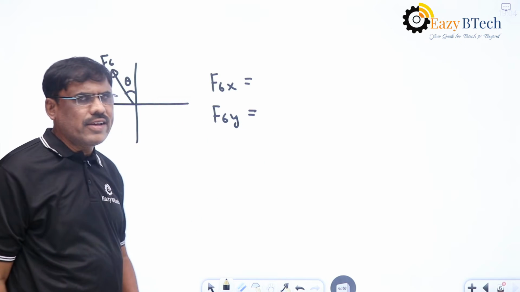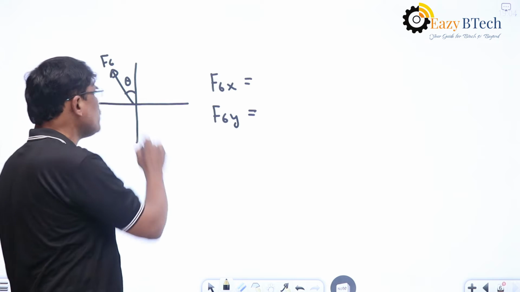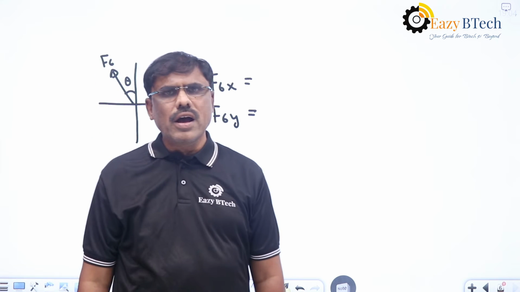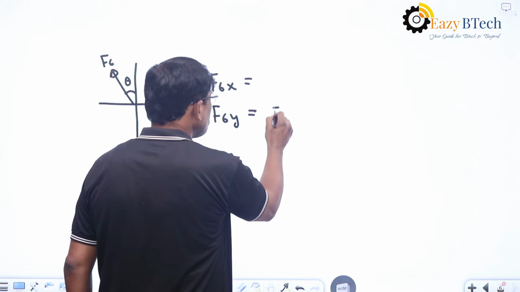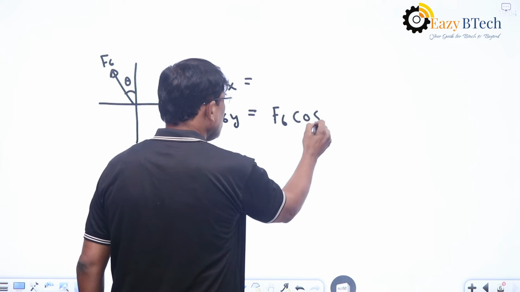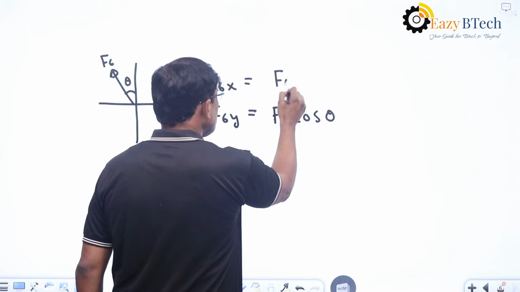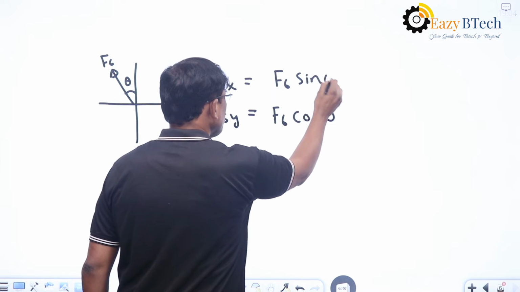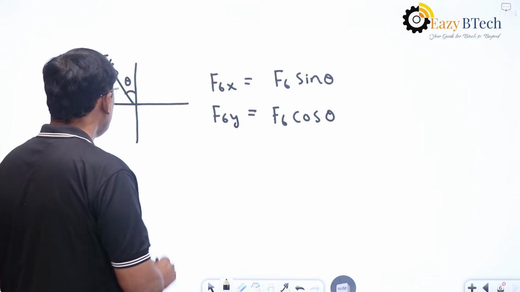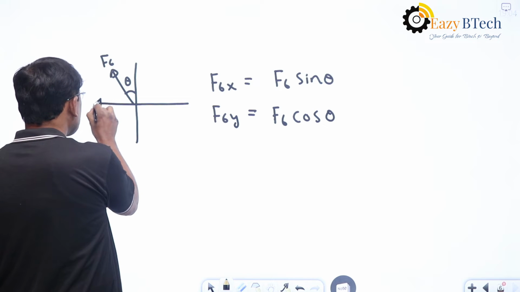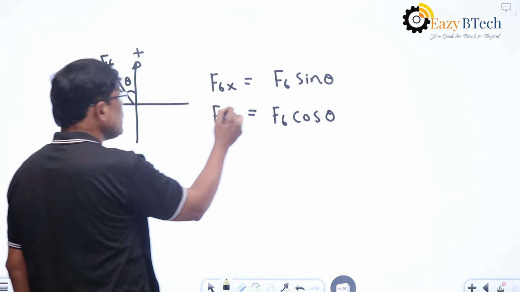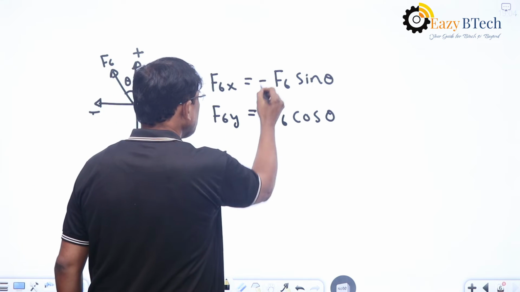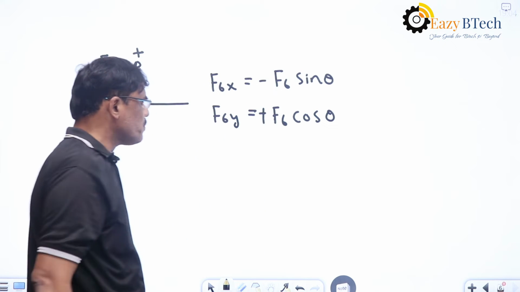In such a case, because it is making angle theta with the y-axis and it is adjacent to the y-axis, F6y becomes F6 cos theta and F6x is F6 sin theta. Now, when it comes to the direction, the x component becomes minus and the y component becomes plus. So this is minus and this one is plus.